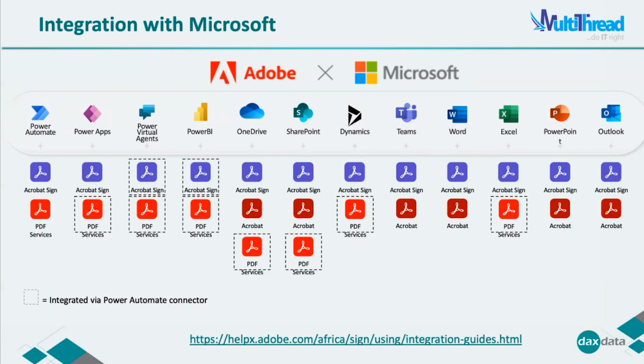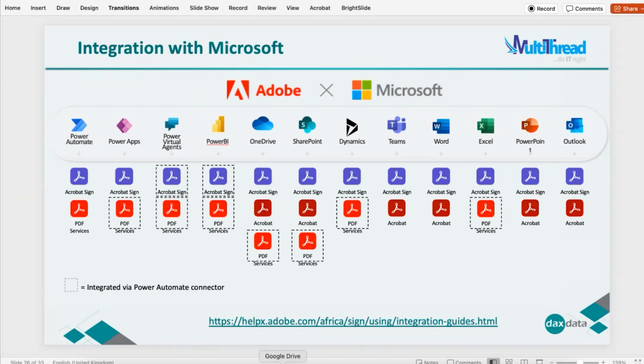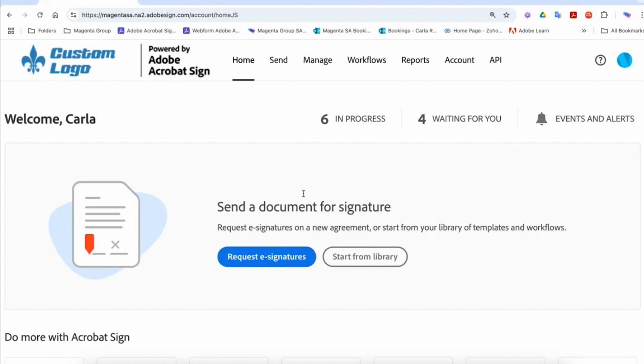Right. So, to quickly show you how it looks, this is Adobe Sign. It is purely browser based, or I can access it within my Teams environment, so I don't have to log into the system here.